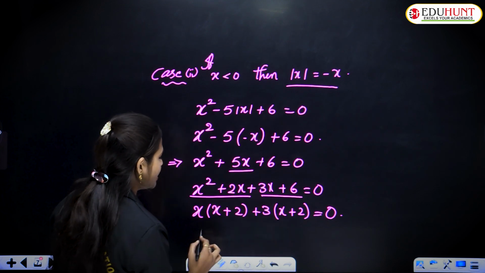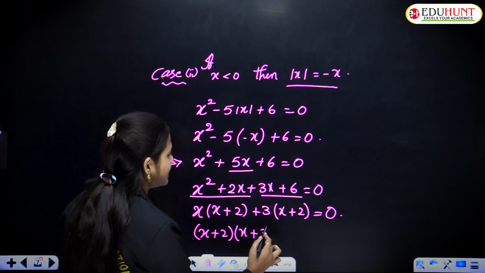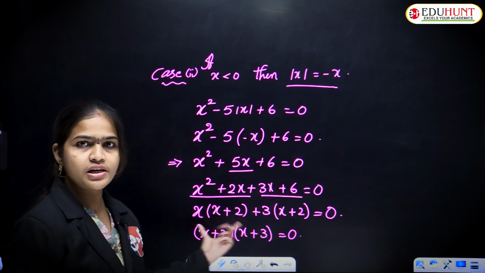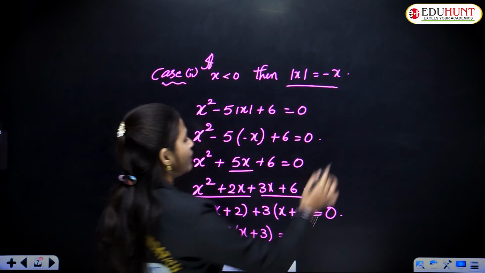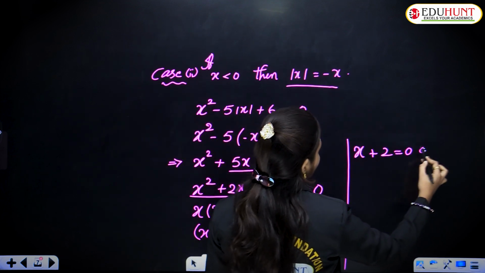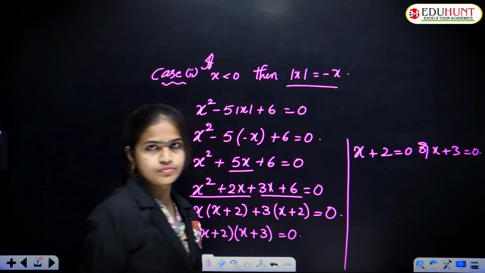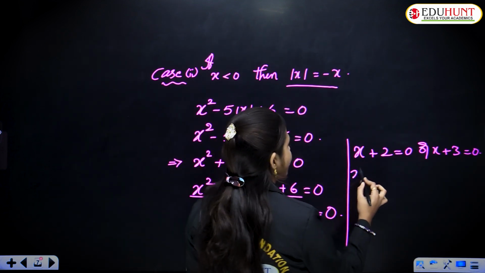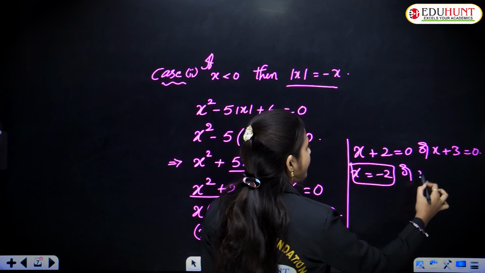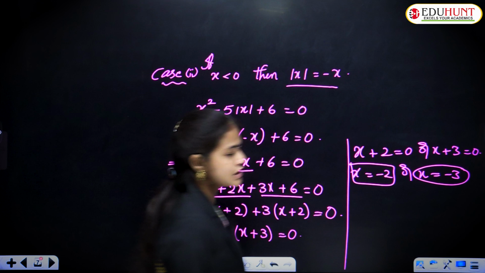So from these two terms again x plus 2 is common, and the leftover x plus 3 is equal to 0. Again same condition, any one of the expressions should be equal to 0. So x plus 2 is equal to 0 or x plus 3 is equal to 0. So x is equal to minus 2 or x is equal to minus 3.